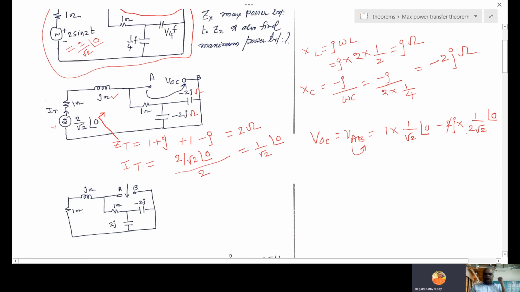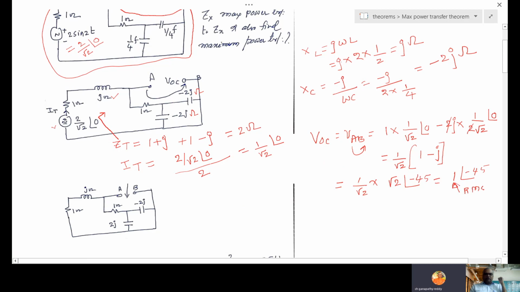So this 2 will go, and 1 by root 2 is common. Then 1 minus J will come, which is equal to 1 by root 2 into 1 minus J. 1 minus J is what? Root 2 angle of minus 45, which is equal to 1 of angle minus 45. This one is called RMS.